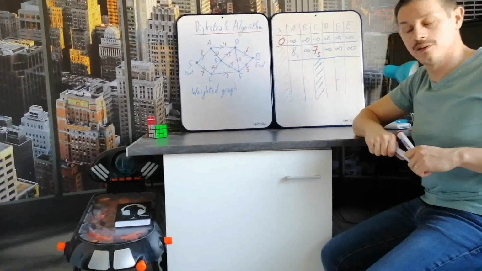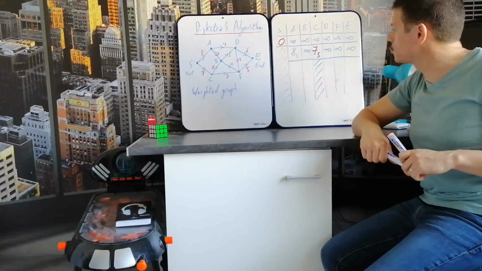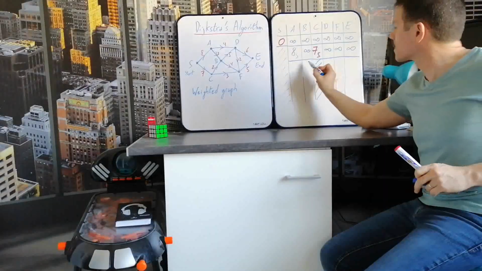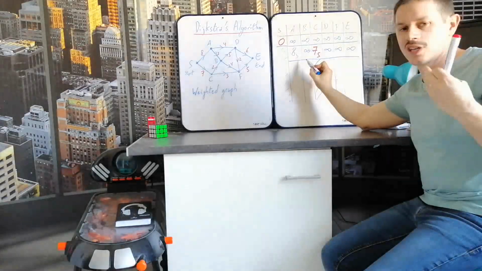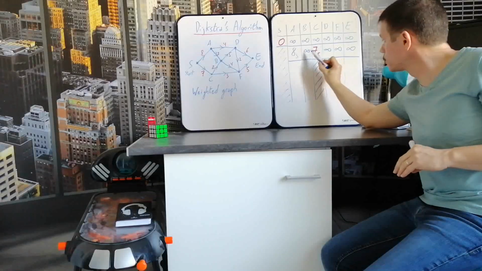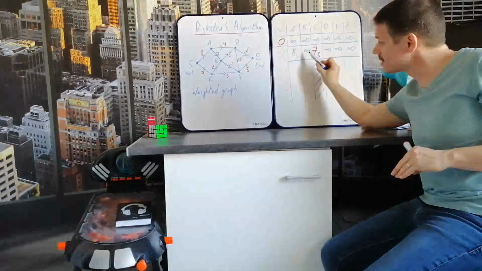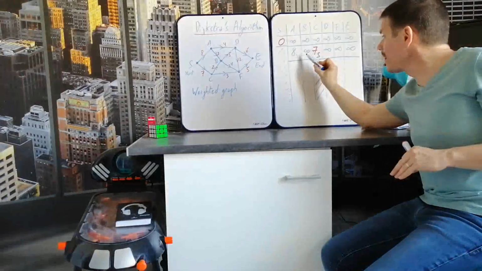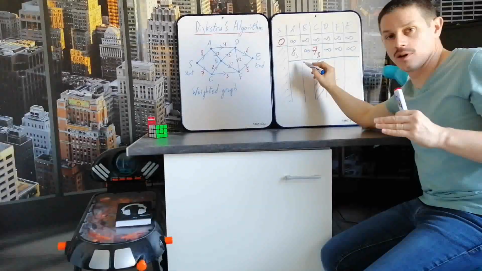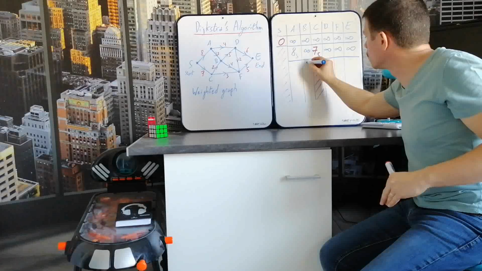Where can I go? I can go to B with a distance of 2. But I have to count from the beginning. If I am at C and I go to B, I have to add a distance of 2, but I already had a distance of 7. So the sum of the two distances is 9.